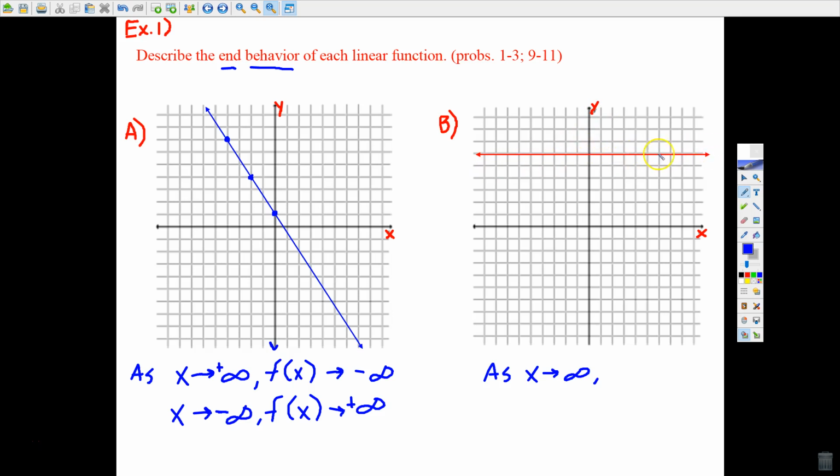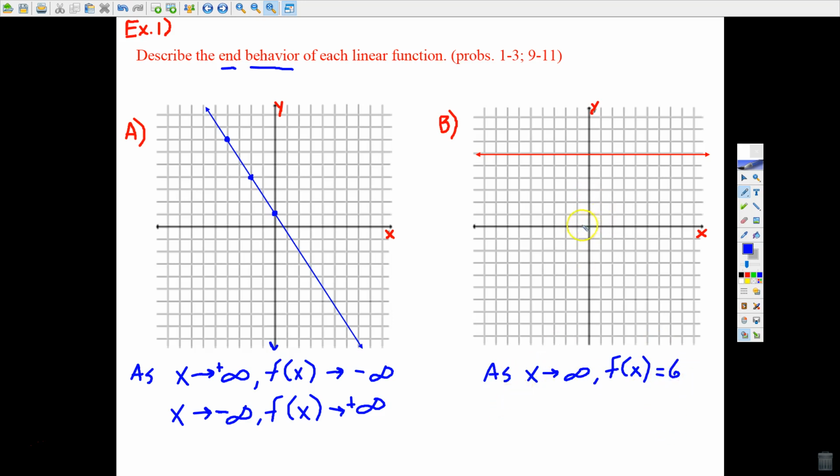So the values for y never change regardless of what x becomes. If x is 4, y is 6. If x is 20, y is 6. If x is 160,000, y is still 6. So as x approaches positive infinity, the function remains constant. It's going to be 6.